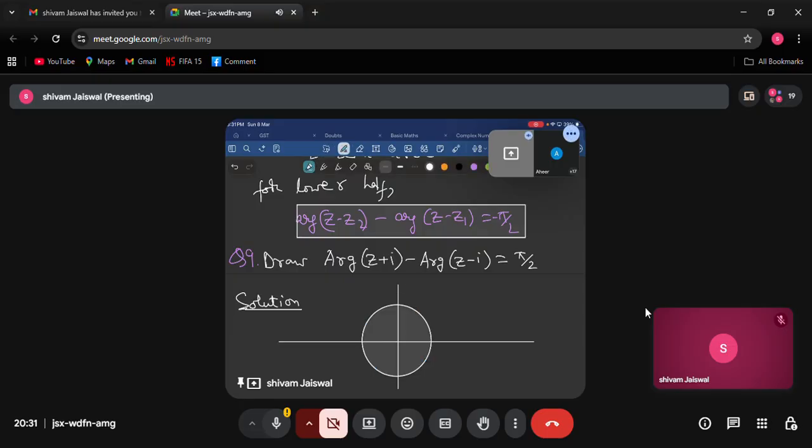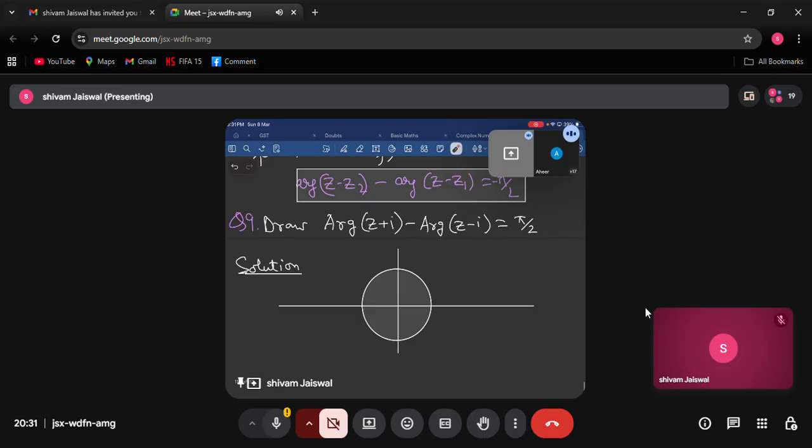Okay. So tell me, everyone, where should z lie such that the angle between z plus iota minus z minus iota is equal to pi by 2? I mean, this is 0, minus 1 and this is 0, 1. So tell me where it should lie, on the right hand side or on the left hand side? On the left hand side?